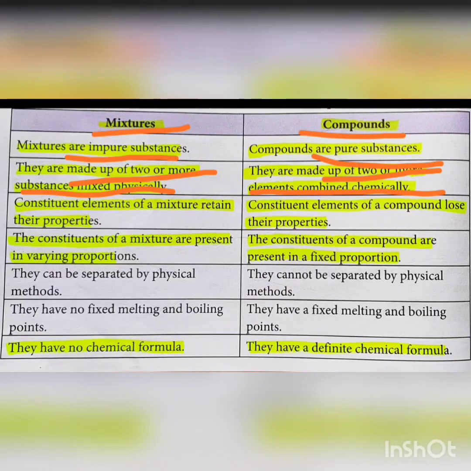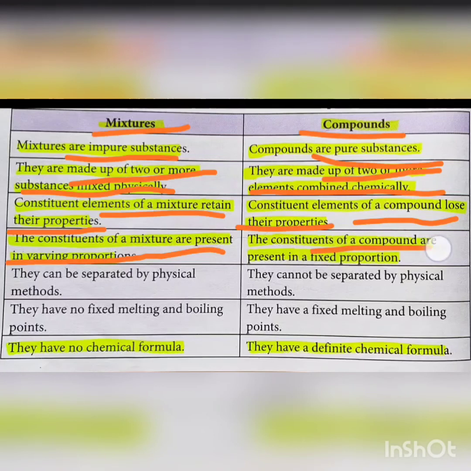In a mixture, the constituents retain their properties. In compounds, the constituent elements lose their properties. The constituents of mixtures are present in varying proportion. They are not present in any fixed proportion. The proportions can be changed. In compounds, the constituents are present in a fixed proportion.